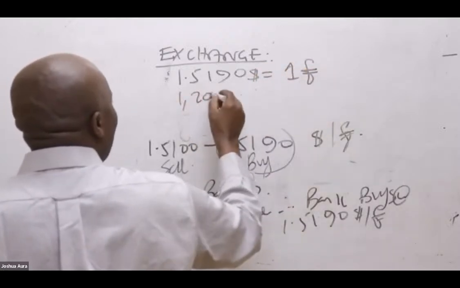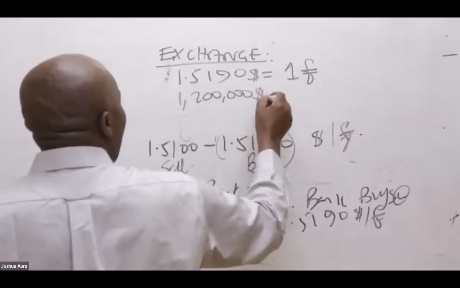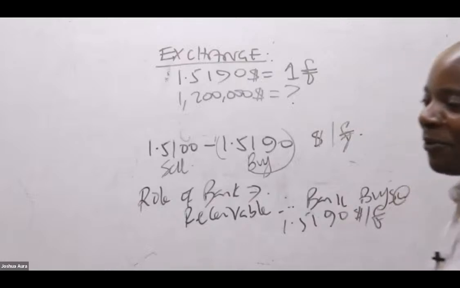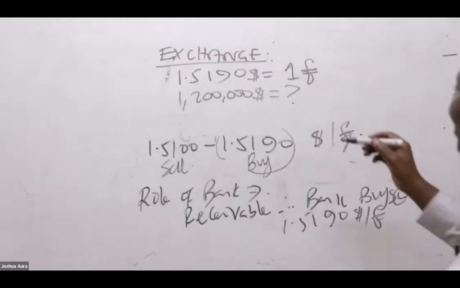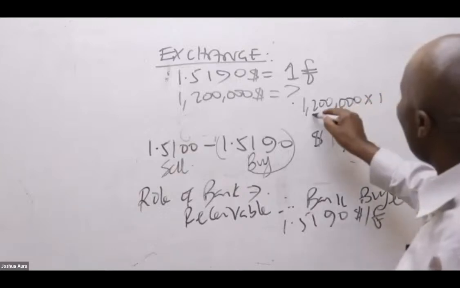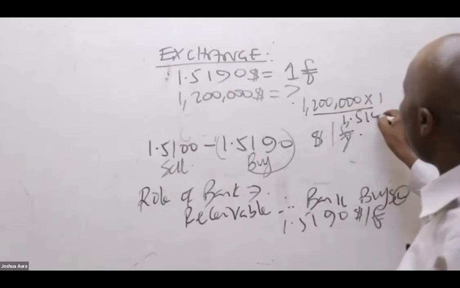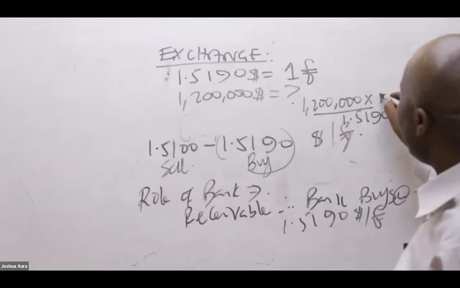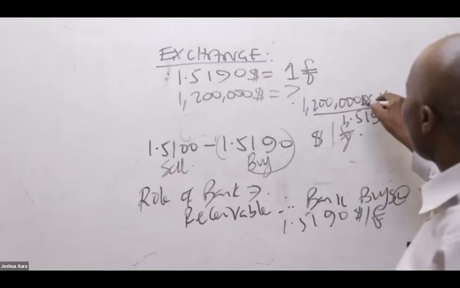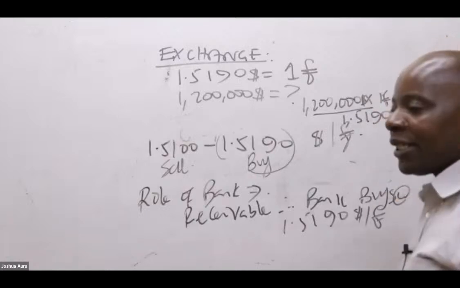How about $1.2 million? Let's cross multiply. Abracadabra, it will be 1.2 million times 1 all over 1.5190. These are dollars, and remember these are pounds. So the dollar will cancel out, giving me something there.